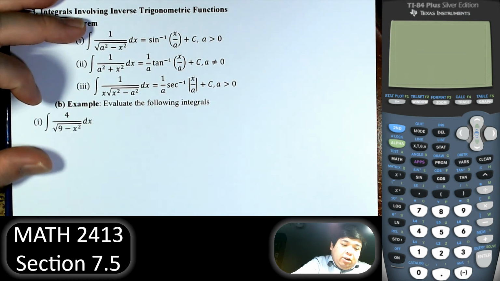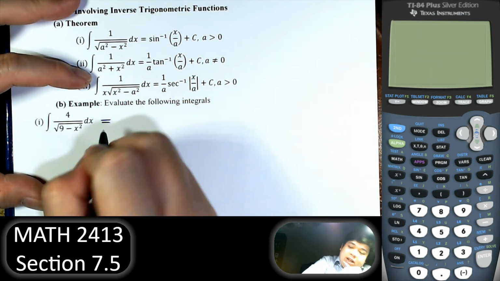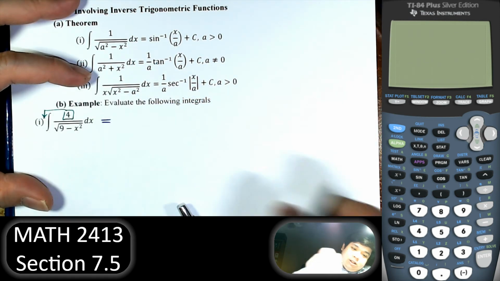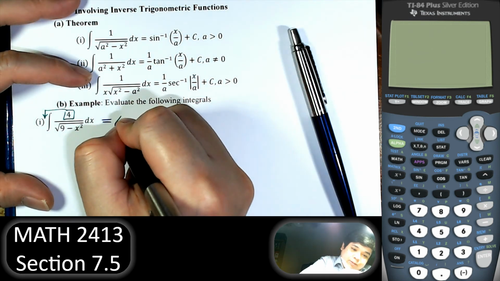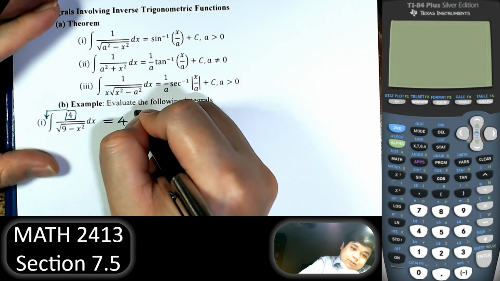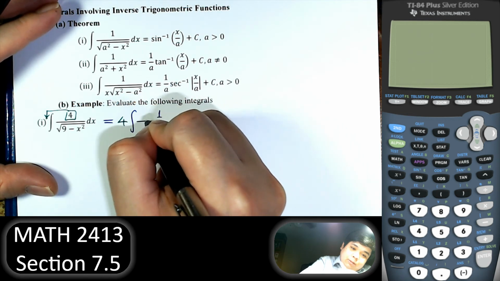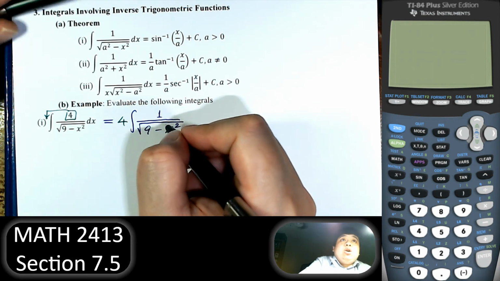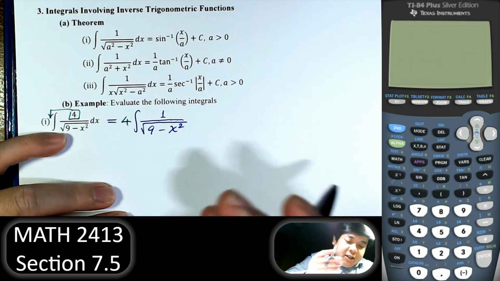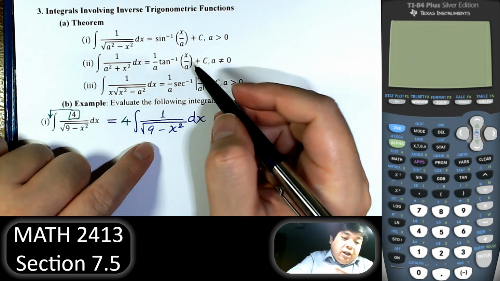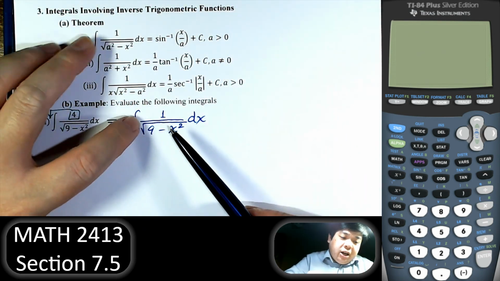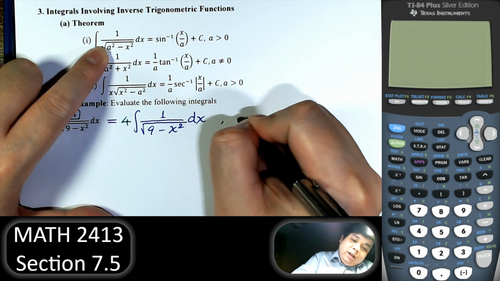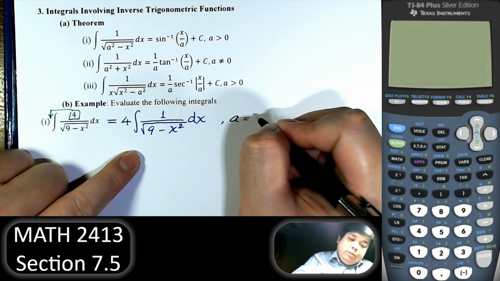First, a constant in the integral I can move to the outside. What we need is the 1 on top, and then this looks like the first formula where a is equal to 3.